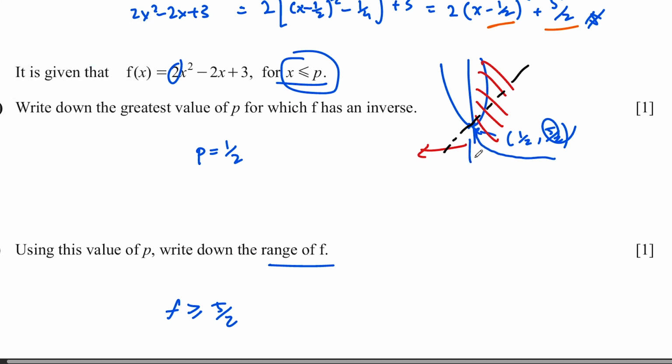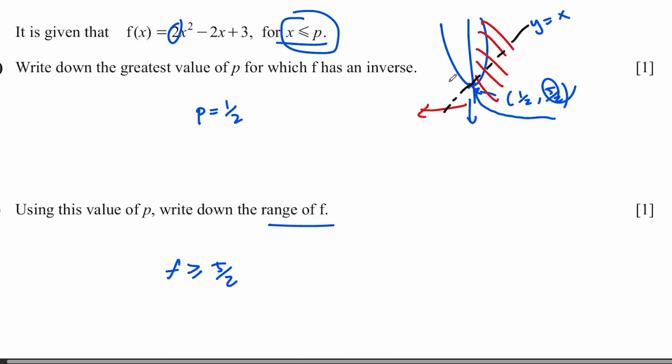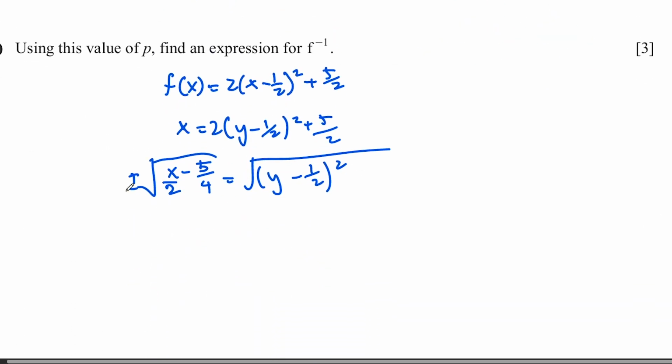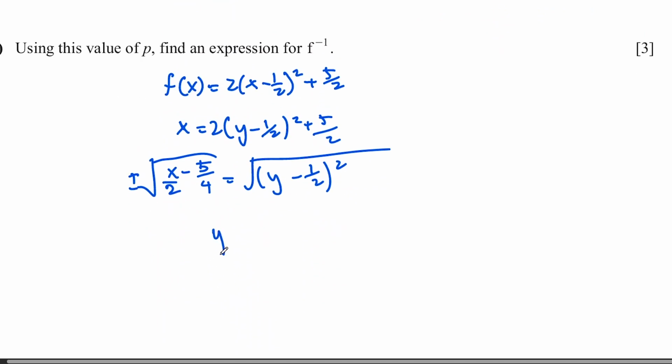It will be going downwards because I reflect it in the y equals x line. With this behavior, we know the graph is decreasing for f inverse. Since it's decreasing, we take the negative square root, and we can solve this now.